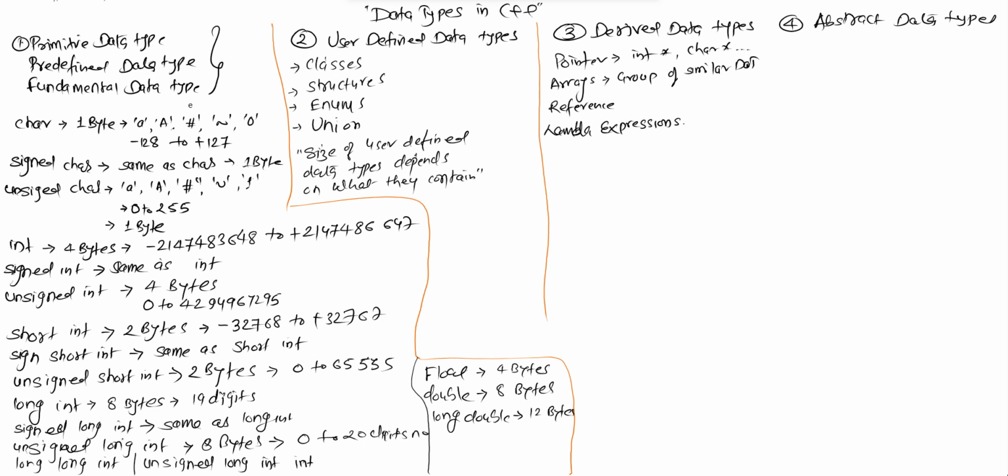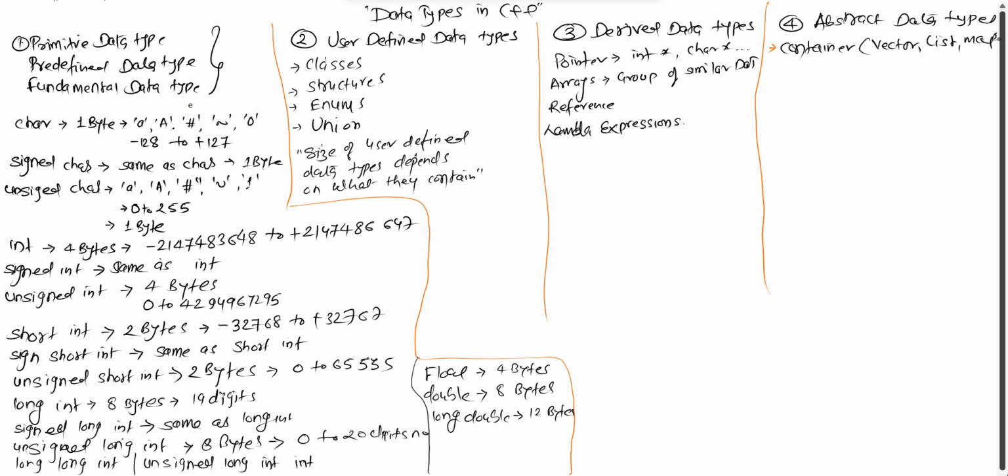And then the last type of data type we have is abstract data types. In abstract data types we have all containers, like vector, list, map, all STL containers. We'll talk more about this in the next video. And we also have smart pointers.